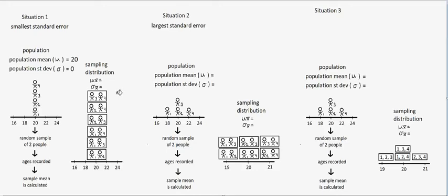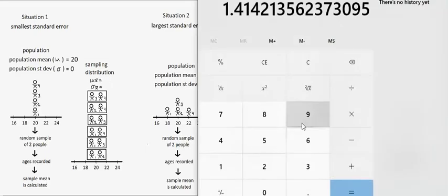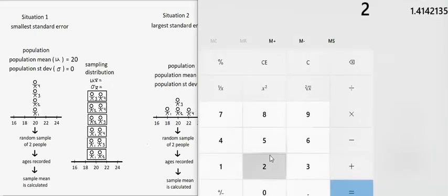But to get this mean of the sampling distribution, we just have to add the numbers in the sampling distribution and divide. So 20 plus 20 plus 20, that's three of them, plus 20 plus 20 plus 20 again, that's all six of them.